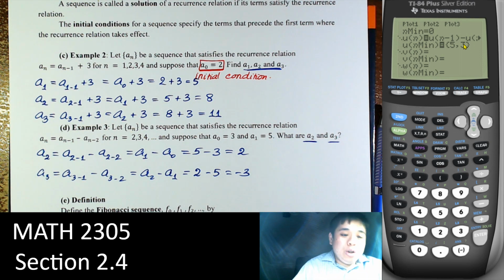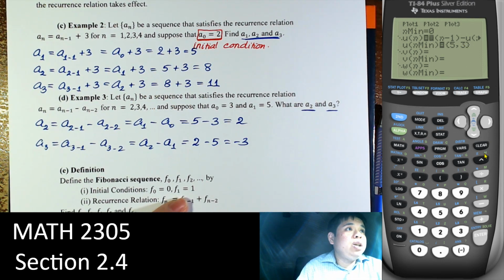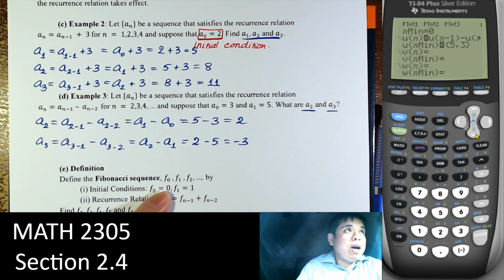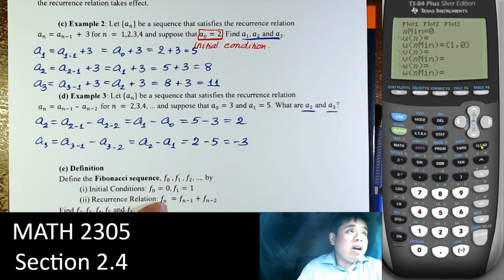Right, so how do we do the Fibonacci sequence? We start from 0. Initial values are 0 and 1. Have to type that backward. And here, in the relation itself, it is the previous term plus the term before that.